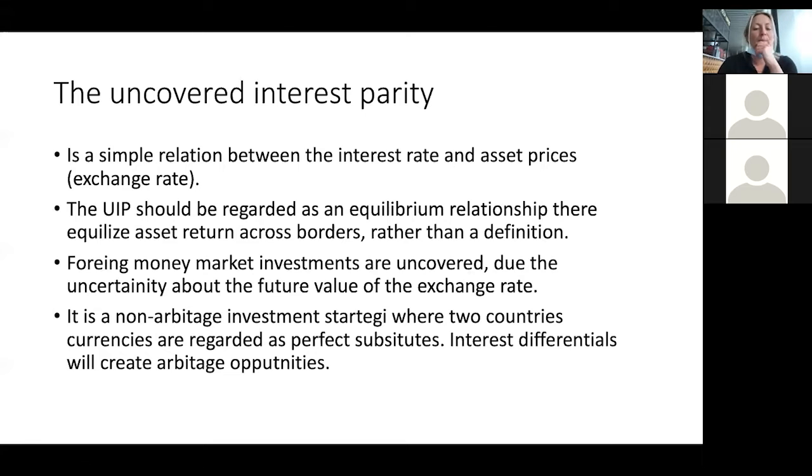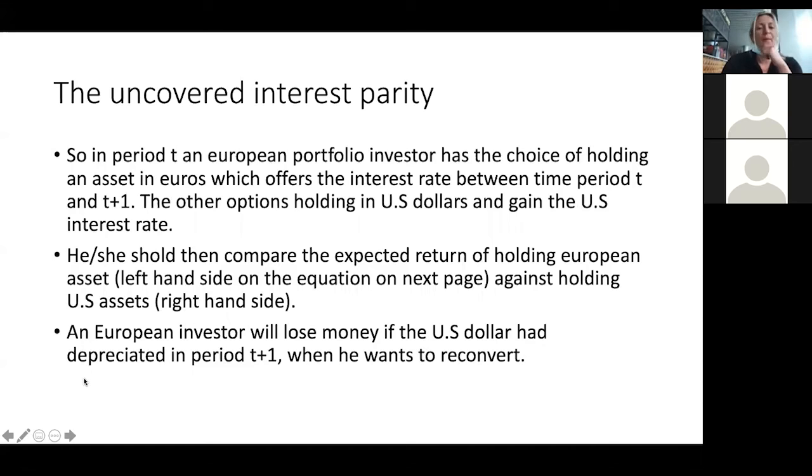So interest differentials will create arbitrage opportunities. Yes, exactly. I wasn't quite sure, I thought you inserted some different language words there. Sorry, I might have written arbitrage wrong. Okay, go on. Just wanted to clarify. No problem, ask anytime.